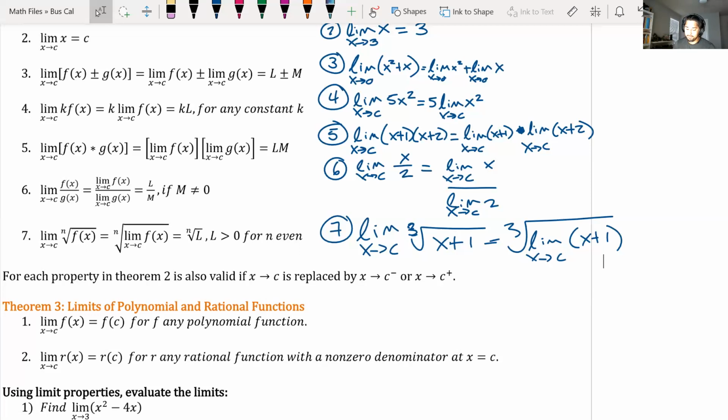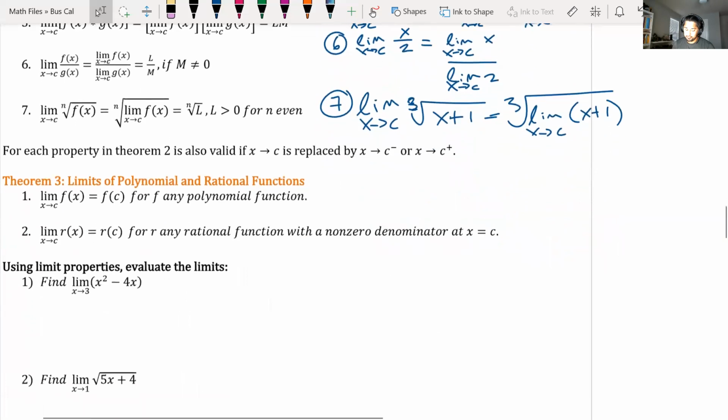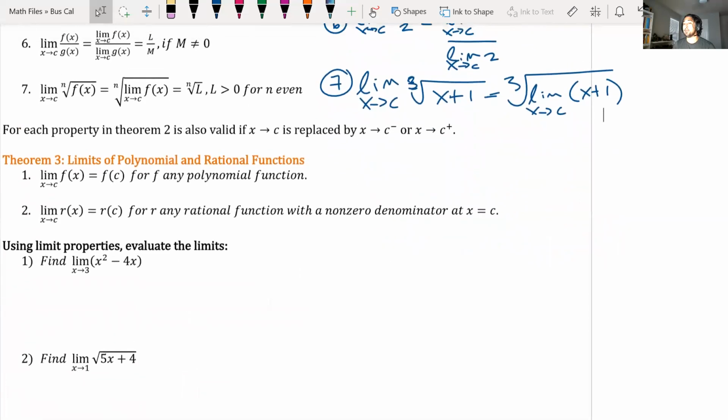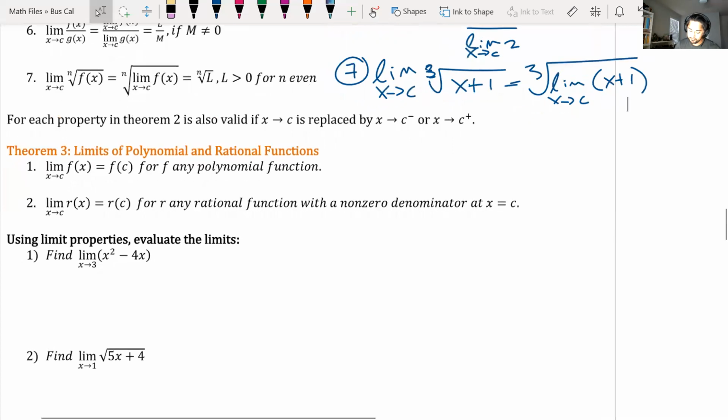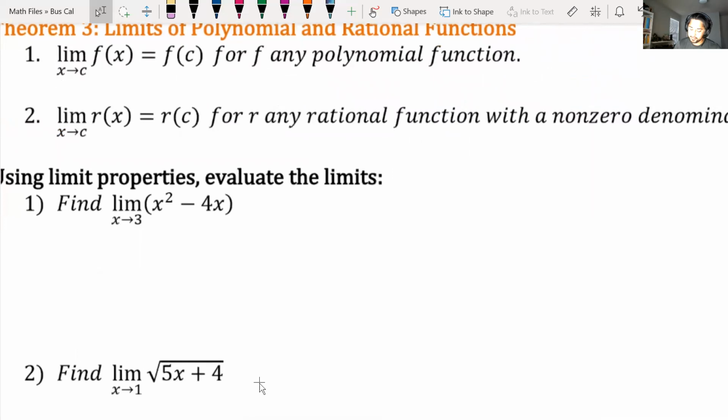All right. So using the limit properties, evaluate the limit. Okay. Well, guess what? Using that polynomial property above, what number are you going to plug in for x? 3. That's it. So I'll rewrite it.